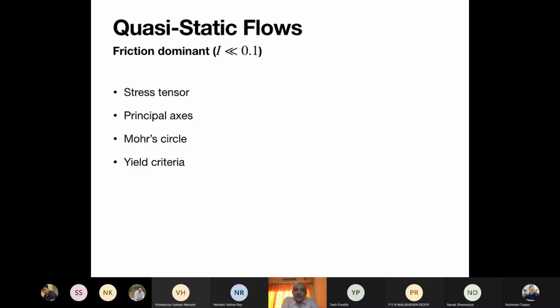And then how we can represent the stresses in something called Mohr's circle. And based on that Mohr's circle, we can define a yield criterion also. So supposing you put pressure on a set of particles, a bed of particles, then when will they yield and start flowing? So those are some of the things that we will start looking at.